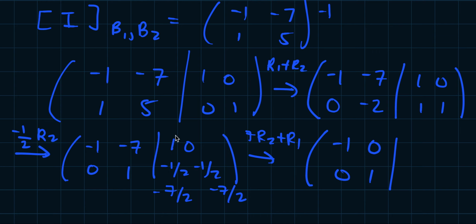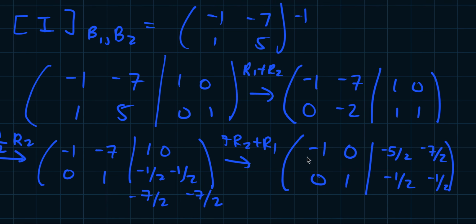And this is a 2 over 2, so this will give me -5/2, -7 over 2, 1/2, -1/2. And then the final step is to multiply this row by a negative to make it positive. So positive, positive. So I got 5/2, 7/2, -1/2, -1/2.